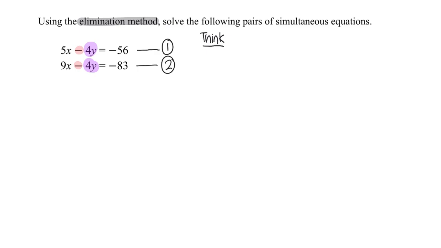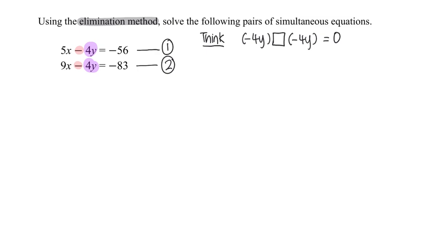So think about it. We have negative 4y, and our objective is to make it equal to 0 so that we can eliminate it. So what sign here? Do I plus or do I minus?